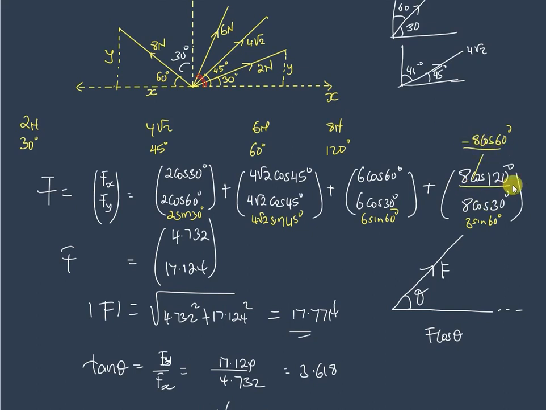But by writing this one based on the definition of a component, you already see that the cosine takes care of the negative. But when you resolve through this triangle here, you are going to put the negative there yourself, by knowing that the horizontal component of the 8 Newton force is directed towards the left, towards the negative x direction.